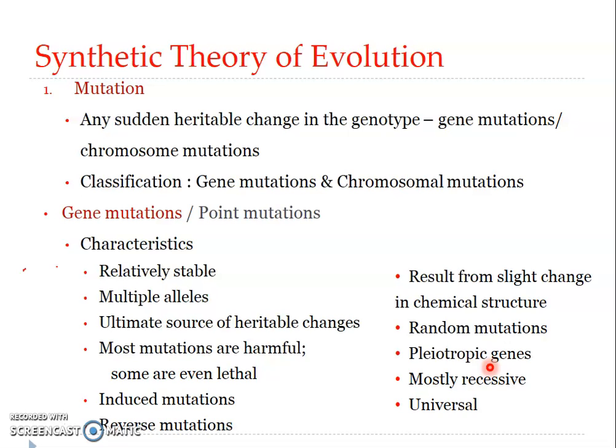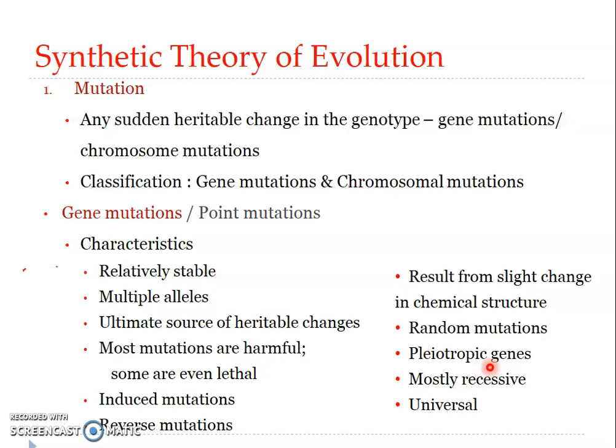So they affect many characters at the same time. Those kind of genes are known as pleiotropic genes, and most gene mutations are recessive. Dominant mutations rarely occur, but most of them are recessive in nature.